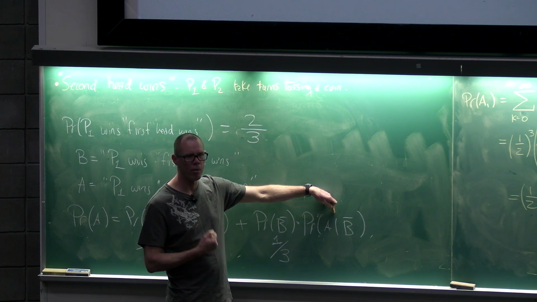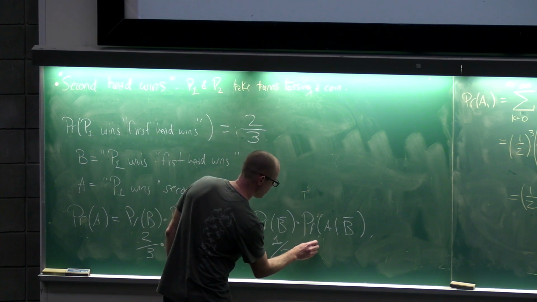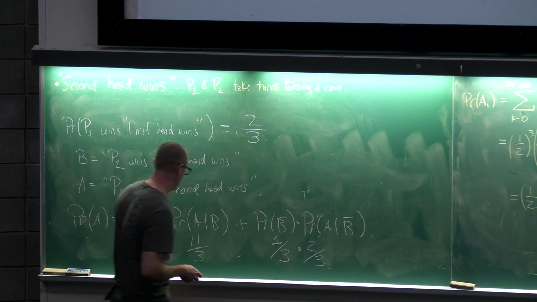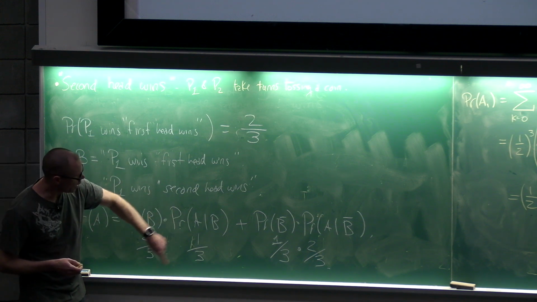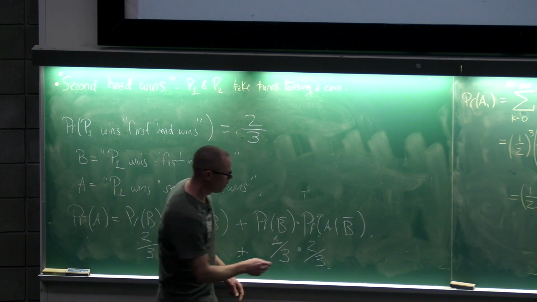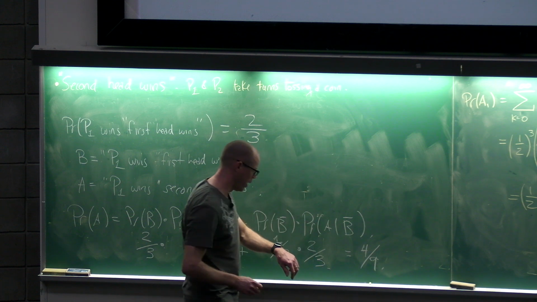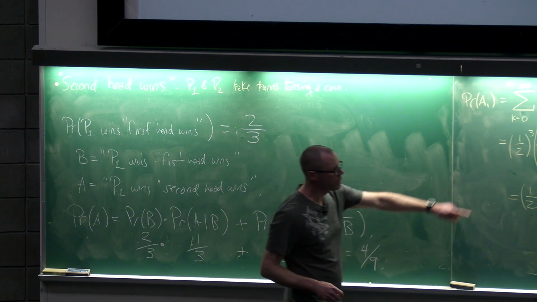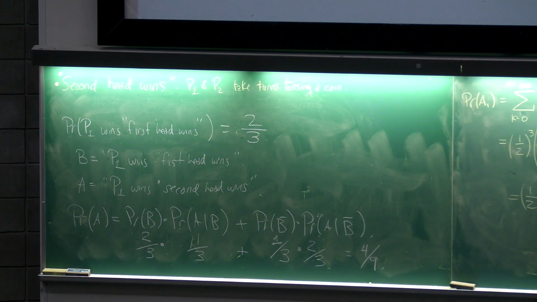And we know that player 1 wins that game with probability 2/3. So we get 2/9 plus 2/9 is 4/9. Phew, we got the same answer calculating it both ways. All right, so there's a good place to stop today.